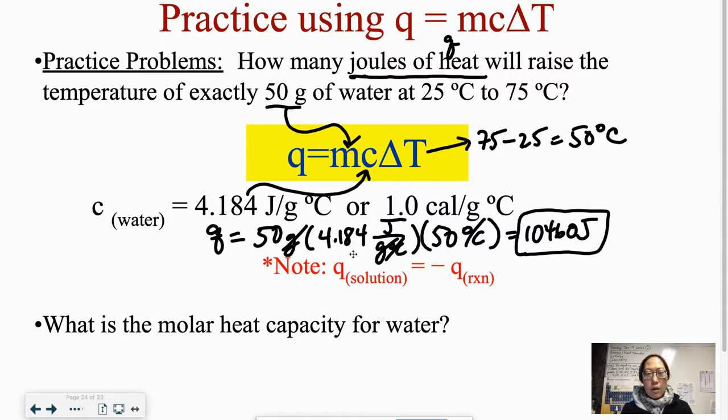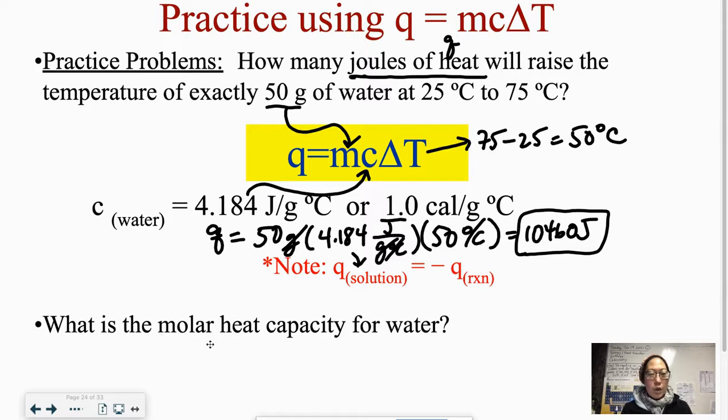So if that's the amount of heat that we have to put into the solution, that heat had to come from somewhere. Just keep that in mind. That same amount of heat was provided by some other substance or the surroundings.